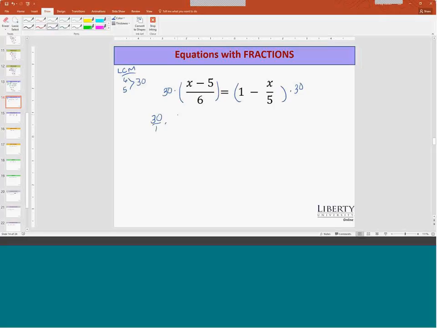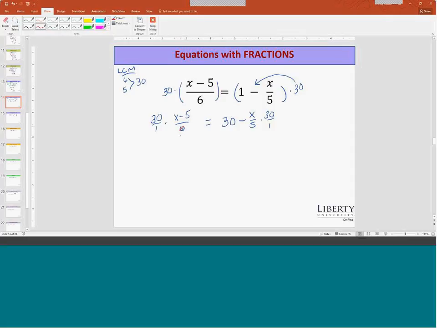30 times this fraction, x minus 5 in the numerator, over 6. Distribute the 30 to 1, or 30, over 5 times 30. So back over to the left side, let's see what that looks like.